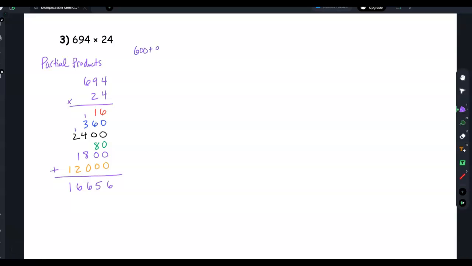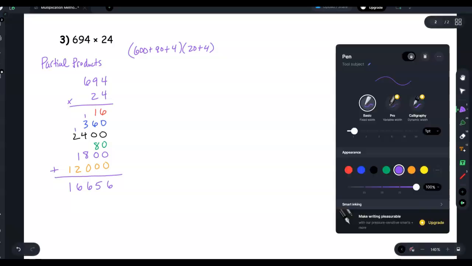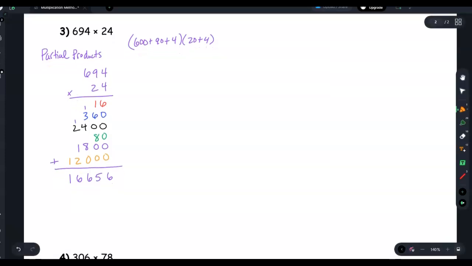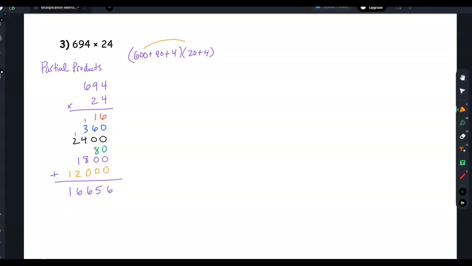This would be 600 plus 90 plus 4 times 20 plus 4. So if I multiply everything in the first parentheses times every term in the second parentheses, I could start with 600 times 20. Which is the 12,000.